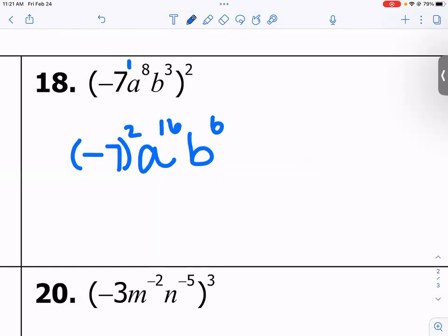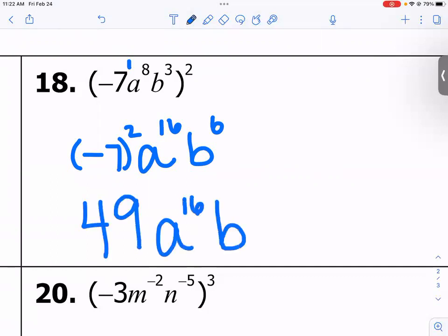They need those parentheses because (-7) squared is really different than -7 squared. So if we take -7 and we square it, what number do we get? What's -7 times -7? It's a positive 49. That is different than if you put negative and then 7 squared.